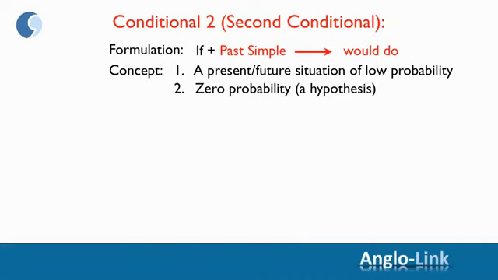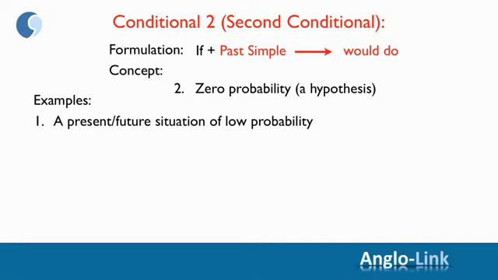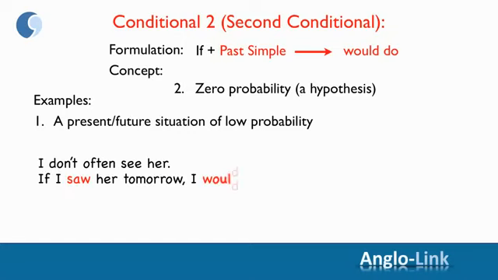Okay, let's look at some examples of the first case, a present or future situation of low probability. For example, I don't often see her, so it's not very probable that I will see her tomorrow, but if I saw her tomorrow, I would speak to her.